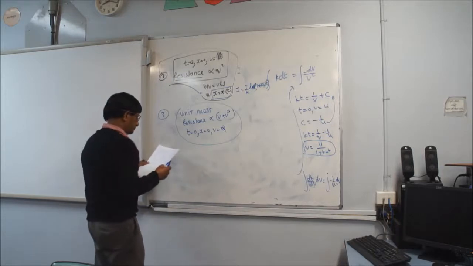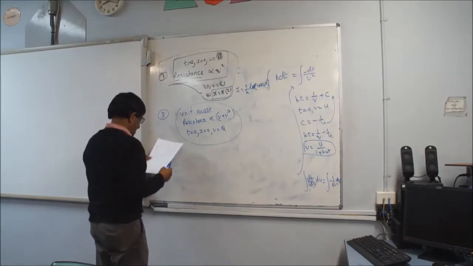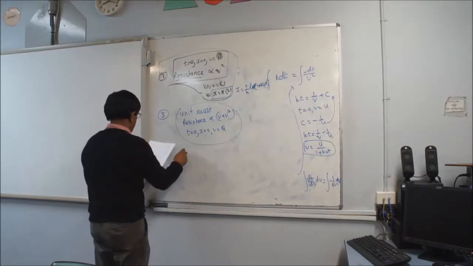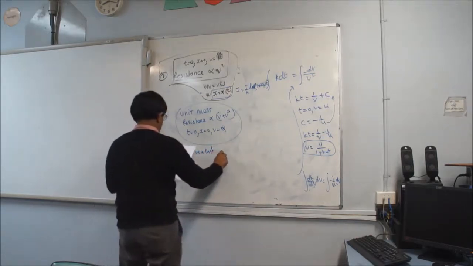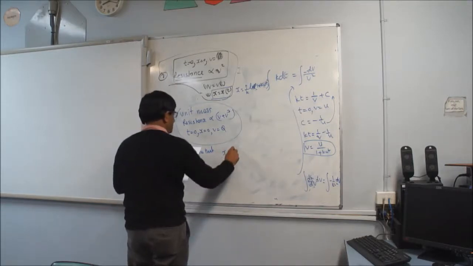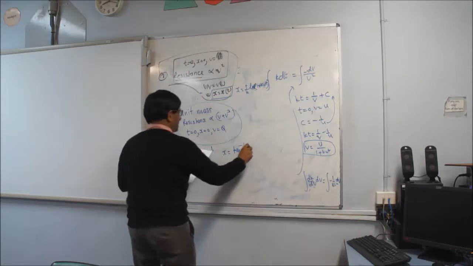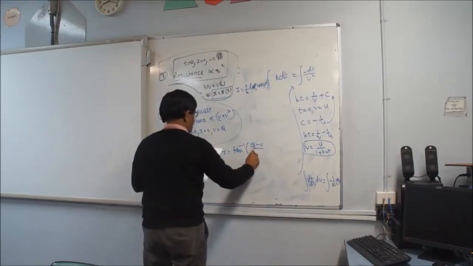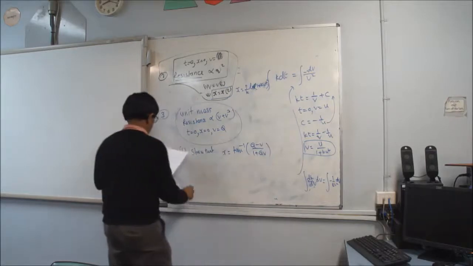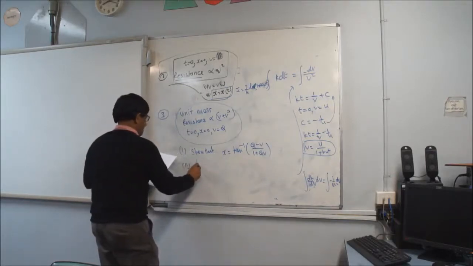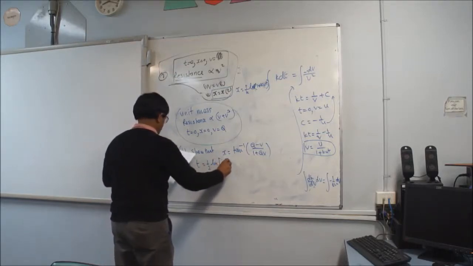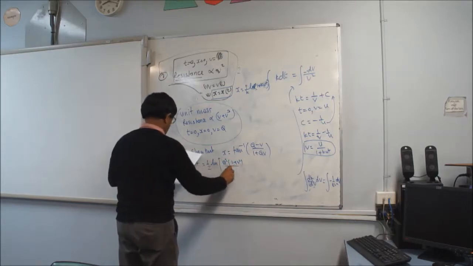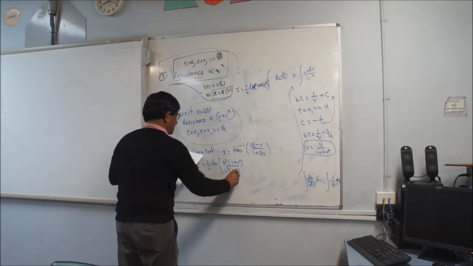I want you to find, first, show that the displacement is inverse tan q minus v over 1 plus qv. Second part, time is half ln of q squared (1 plus v squared) over v squared (1 plus q squared).